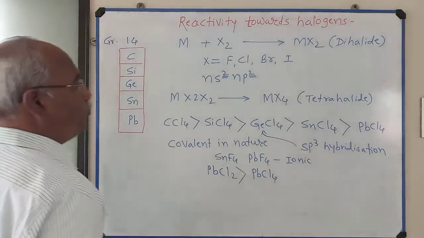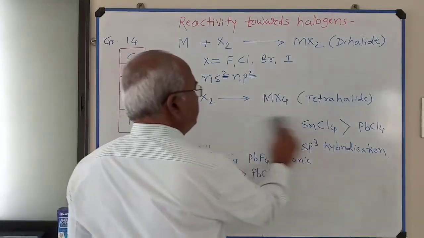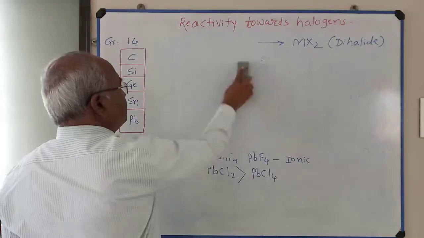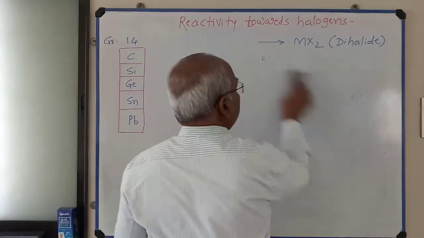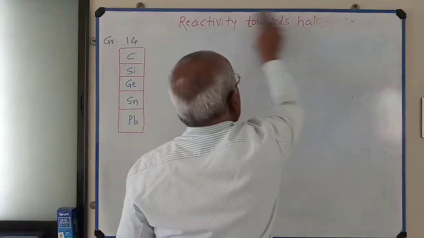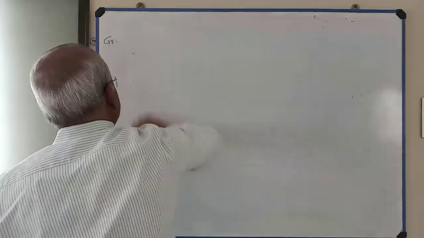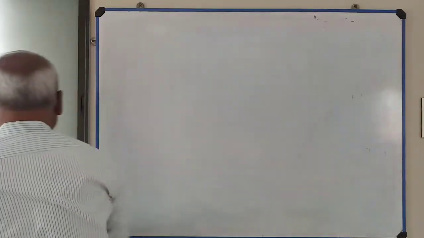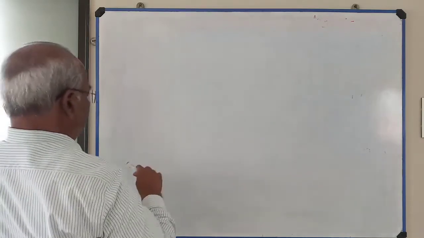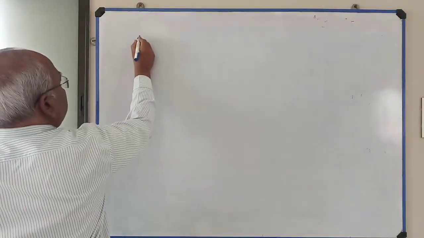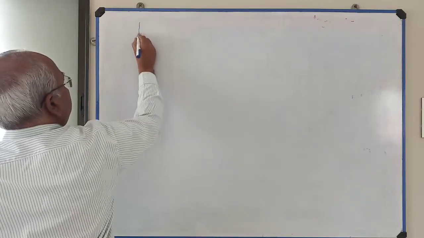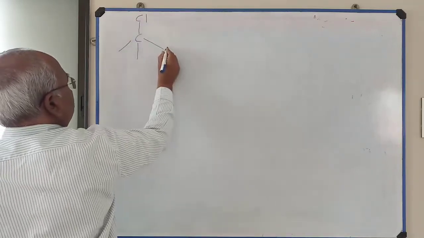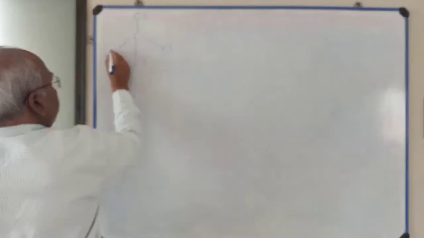After explaining this point, I am going to explain the next point. We are going to study hydrolysis of these elements. Hydrolysis of tetrahalides. So here I write carbon tetrachloride.